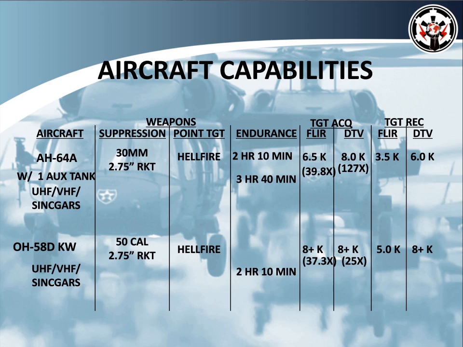So if I come across that guy with the cell phone, I can take him out and still continue my mission. So these are things to think about. As the person assigning somebody a responsibility to go conduct a reconnaissance, I need to be aware of their capabilities also.